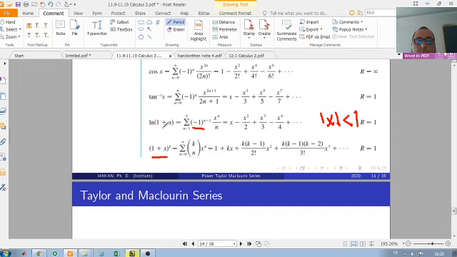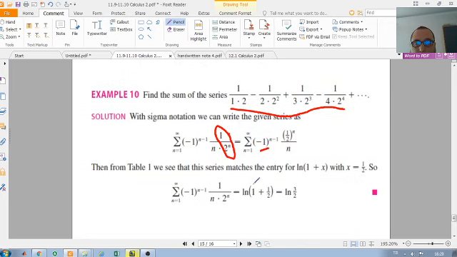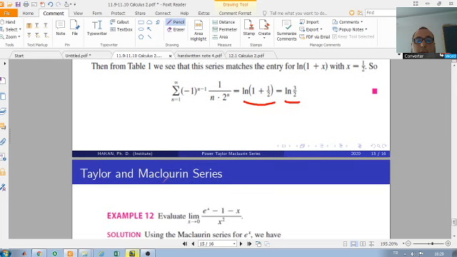Therefore, since 1/2 satisfies this equality, we can use this formula. So from the formula of ln(1 + x), we write ln(1 + 1/2), which is equal to ln(3/2).